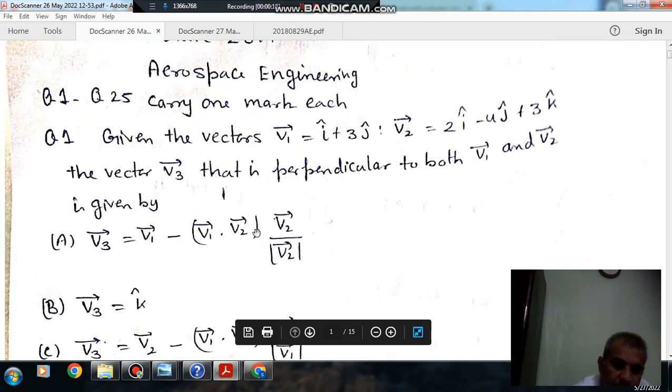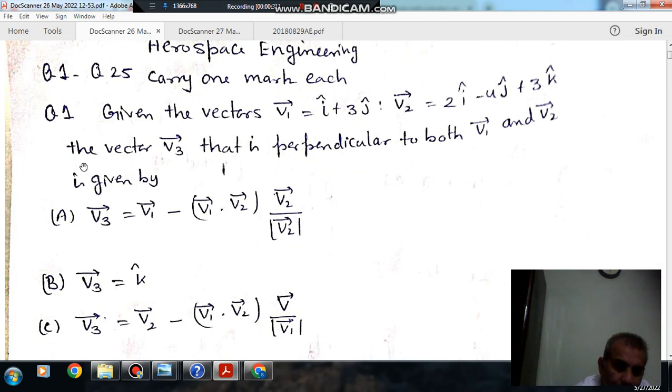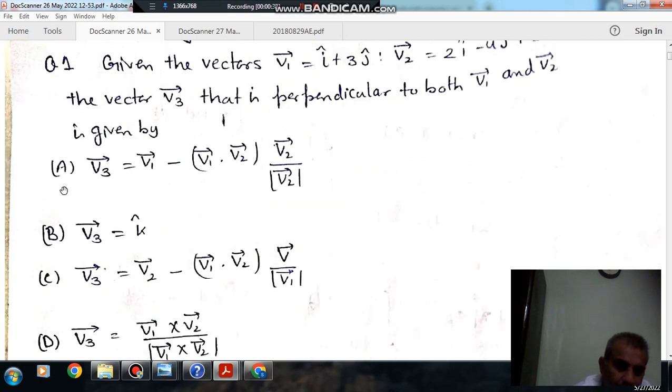Question number 1: given the vectors v1 = i + 3j, v2 = 2i cap minus 4j cap plus 3k cap. The vector v3 that is perpendicular to both v1 and v2 is given by: Option A, v3 = v1 minus (v1 dot v2) divided by magnitude of v2.